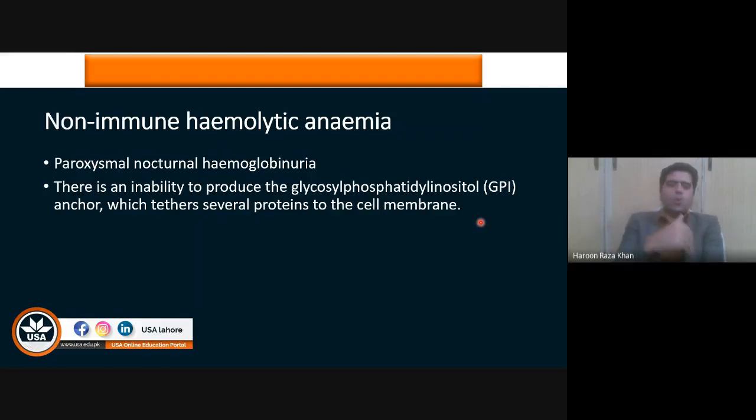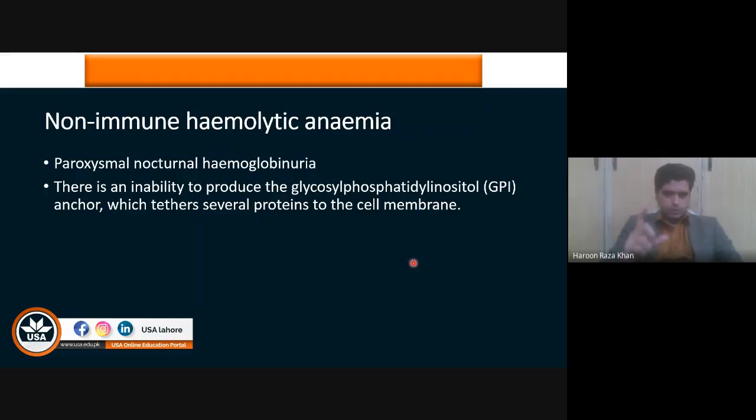So, what will be the cause of non-immune hemolytic anemias? The most important of that is paroxysmal nocturnal hemoglobinuria. So, we will now talk about this paroxysmal nocturnal hemoglobinuria.